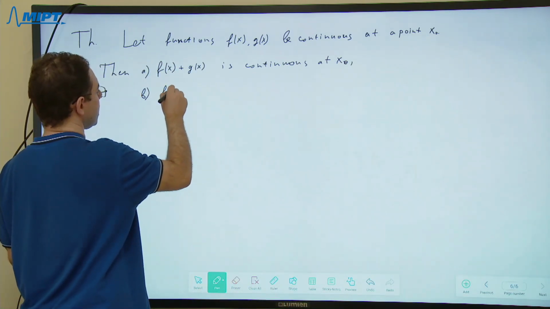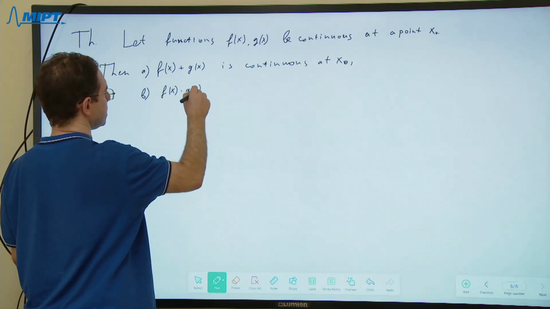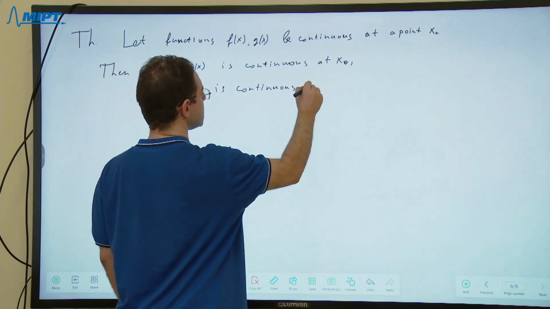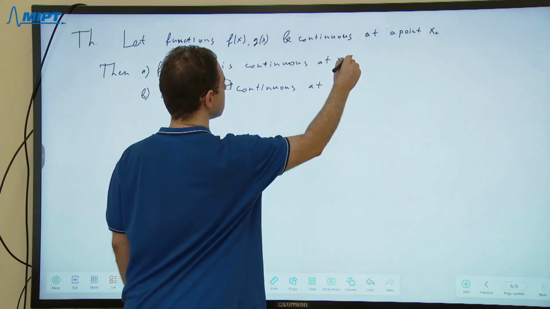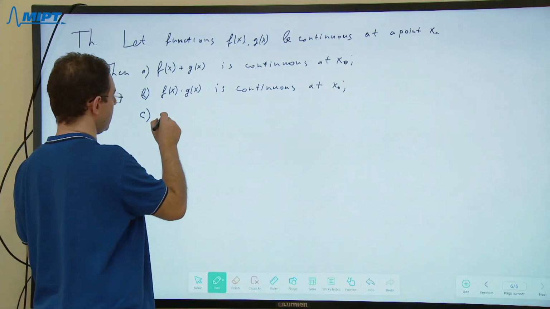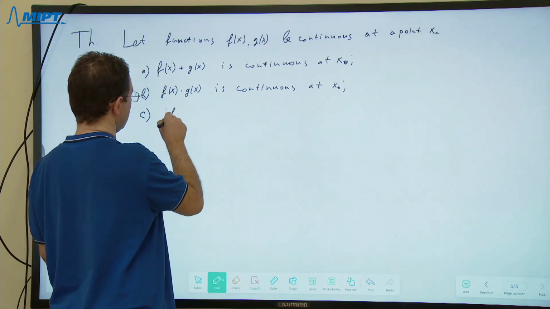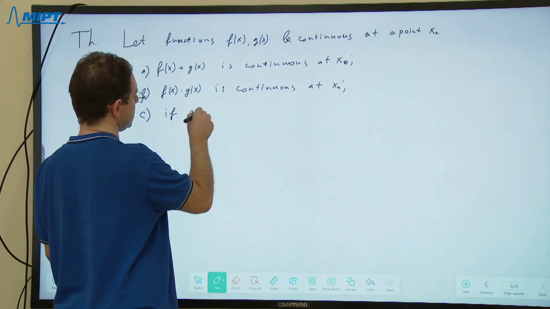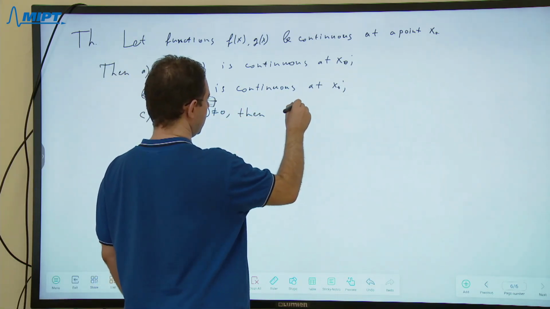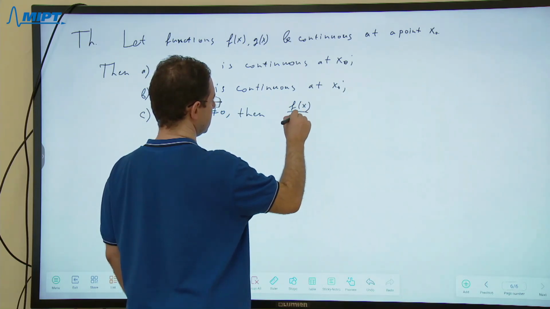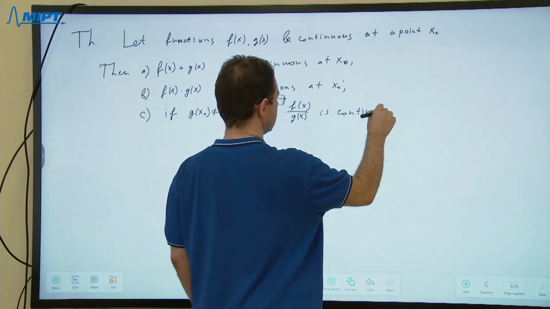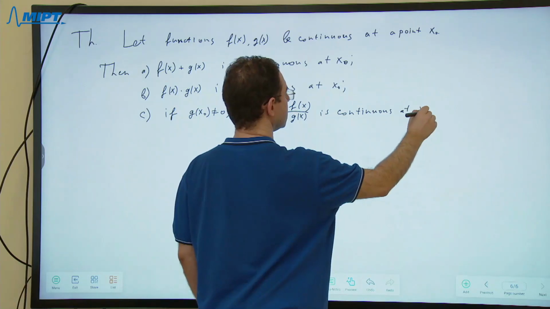B, f times g is continuous, and C, if g of x0 is not 0, then f divided by g is continuous at x0.